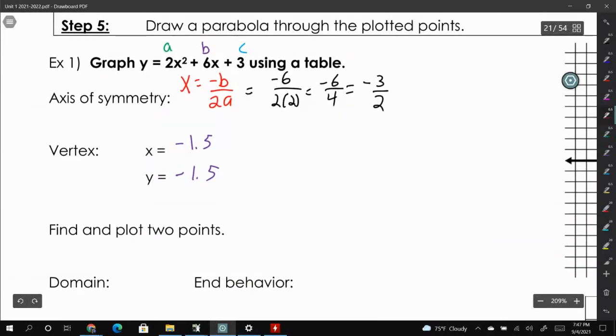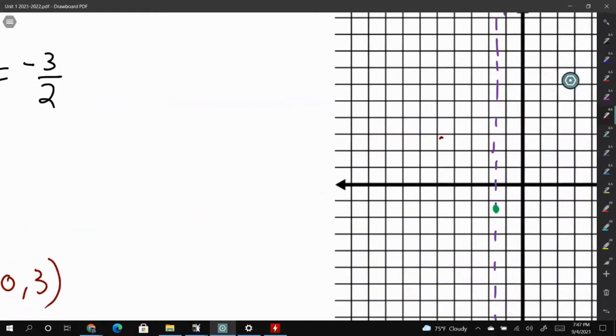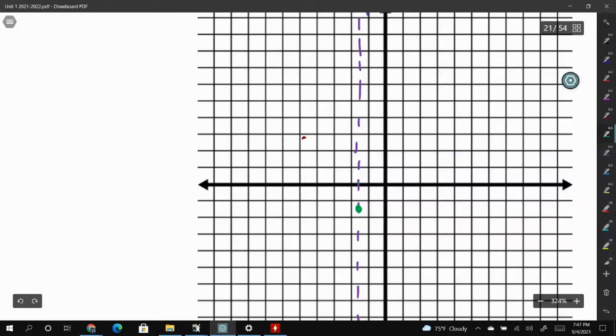And then find and plot 2 points. Well, what we're going to do is we're going to use that y-intercept. The y-intercept is (0, c), but our c value is 3. So (0, 3). That's going to be our point right here. And our other point, we're going to reflect this over the axis of symmetry. So we're 1.5 units away. So let's go 1.5 units away on the other side.